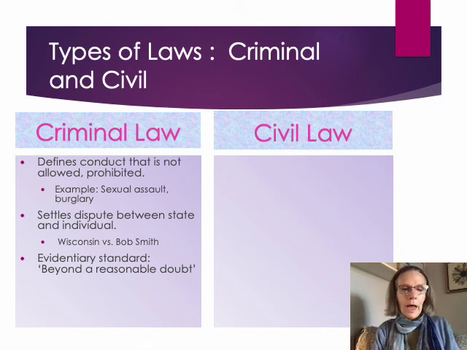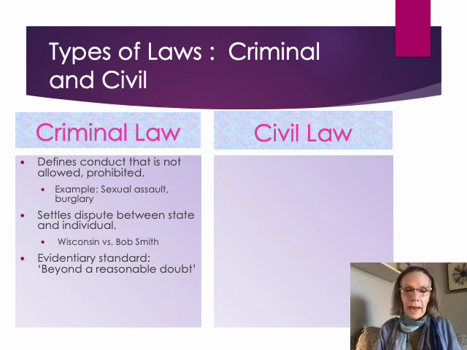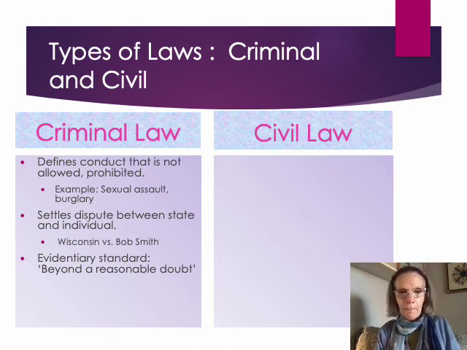Okay, and so in criminal law, it's a determination of guilt that's going on, and it's the state that has to prove that the accused is guilty, and there's a relatively high standard that is used. The evidentiary standard for criminal law is beyond a reasonable doubt. And so for the state to prove that Bob Smith is guilty as charged, they must prove that that person is guilty beyond a reasonable doubt.